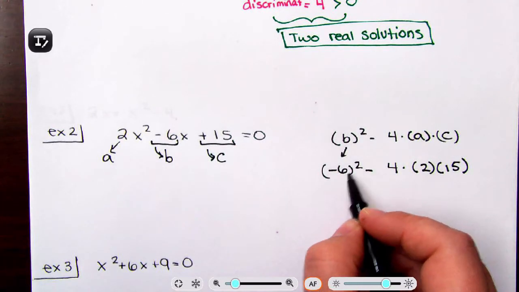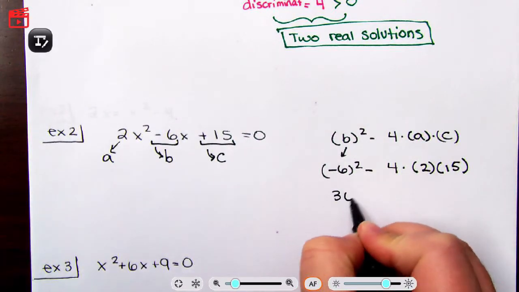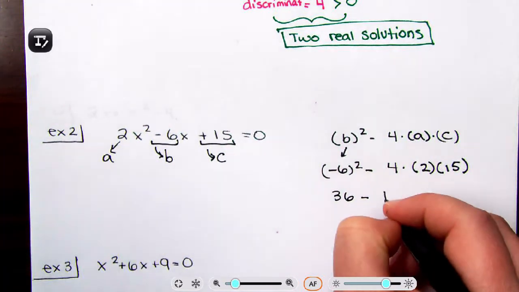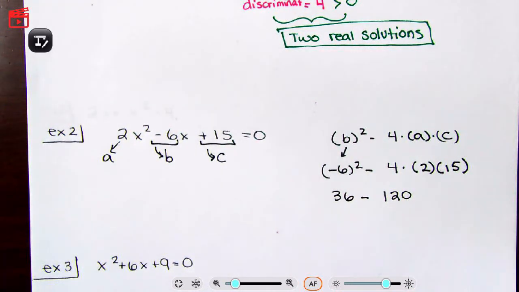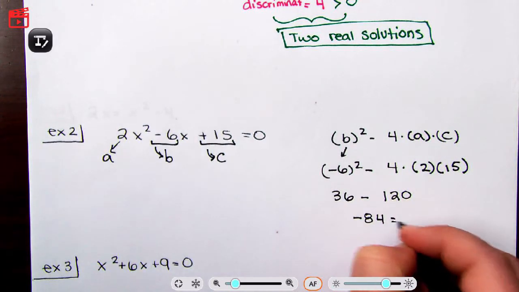Negative 6 squared, a negative times a negative is a positive. 6 times 6 is 36 minus 15 times 2. So 15 plus 15 is 30. 30 times 4 is 120. So I have 36 minus 120, and that gives me negative 84 as our discriminant.